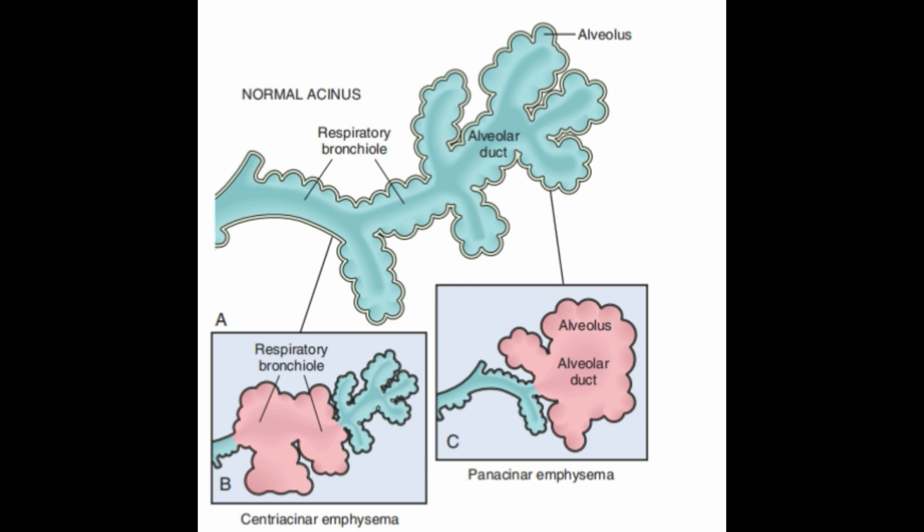Several conditions involving abnormal air spaces or accumulations of air within the lungs or other tissue also are recognized. Compensatory emphysema describes the dilatation of residual alveoli in response to loss of lung substance elsewhere, as occurs after surgical removal of a diseased lung.